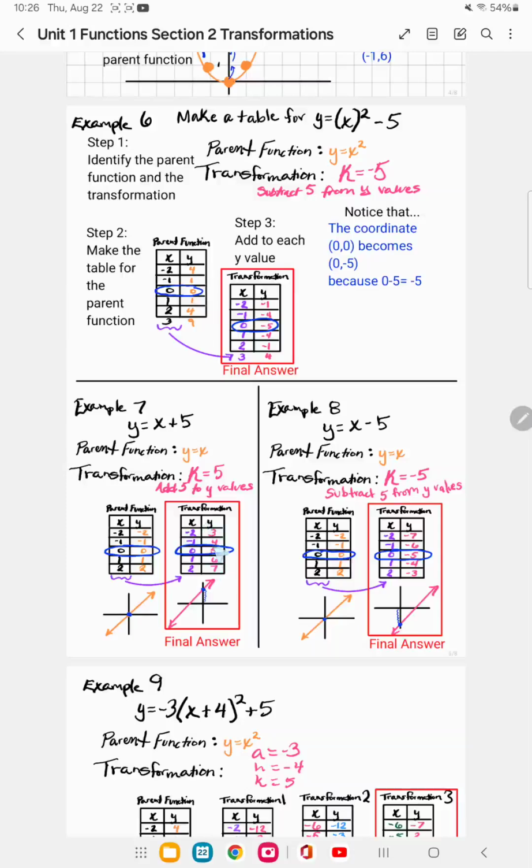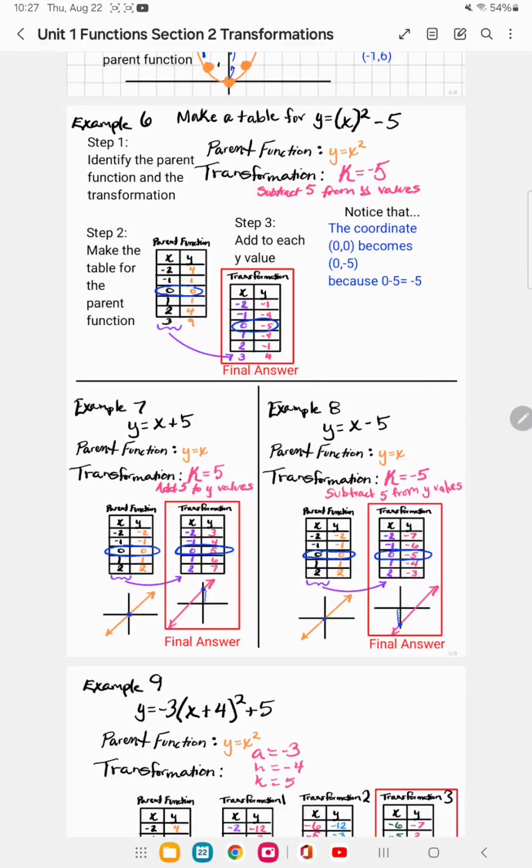K changes the y values, so all my x's stay the same, and I just change the y's by adding 5 here, and for this one, I would just subtract 5. So you can see how -2 plus 5 equals 3, and -2 minus 5 equals -7.